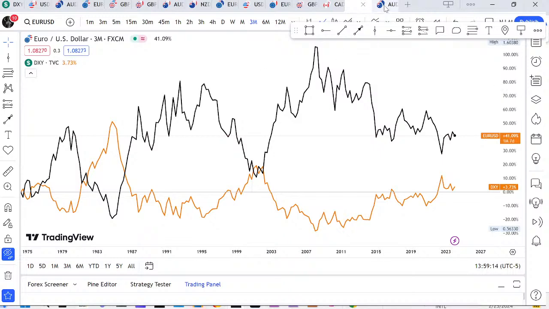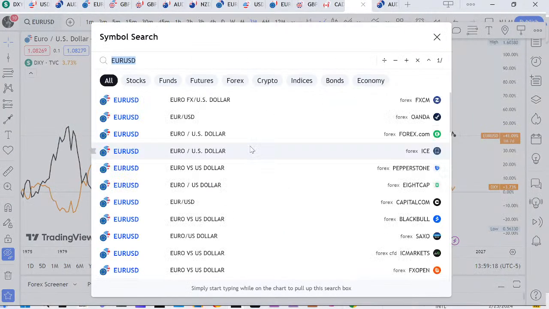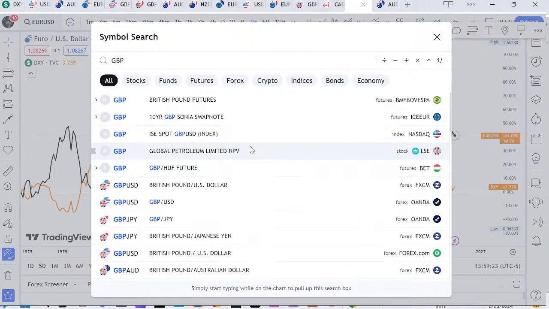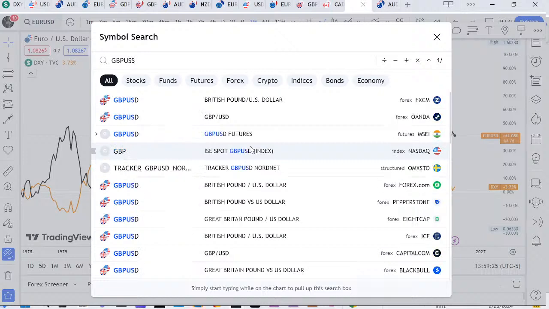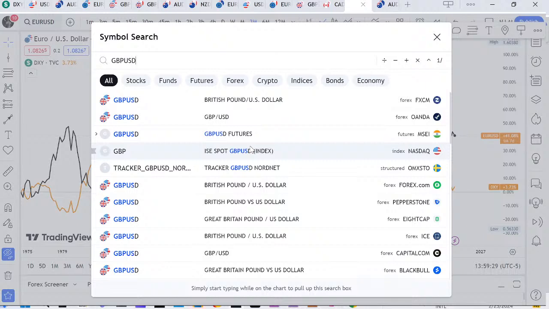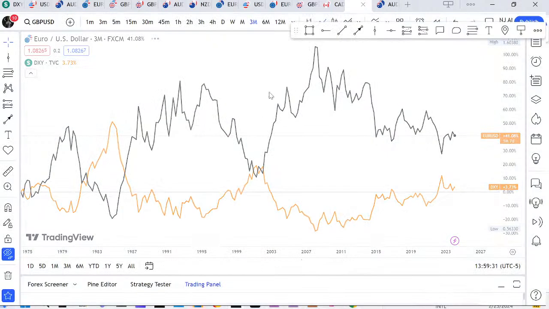Okay, I said I was going to give us another example. GBP USD is another example.